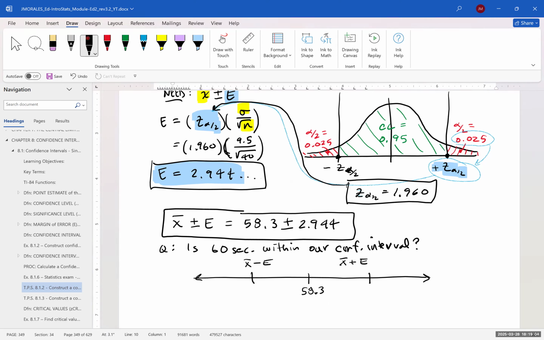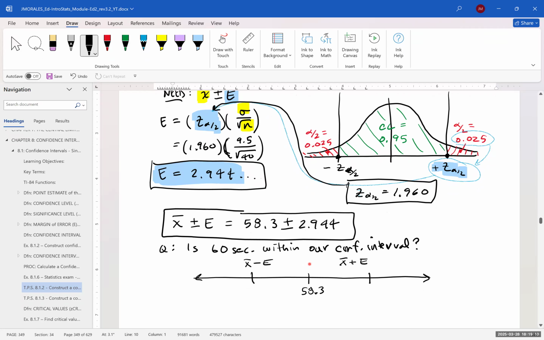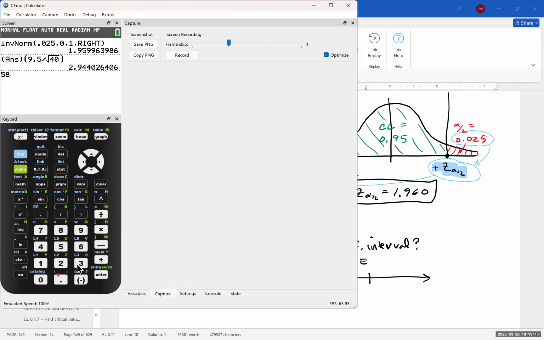So we want to take 58.3 and add the error to it.